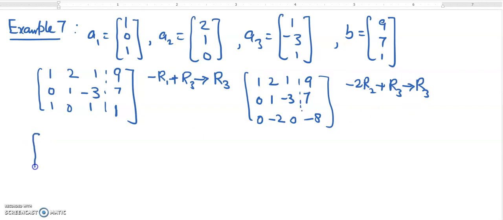So I will get 1, 2, 1, 9, and then 0, 1, minus 3, 7, and then 0, 0, and since I multiplied by minus 2, it will be plus 6 plus 0, so 6, and then minus 14 minus 8, that is minus 22.